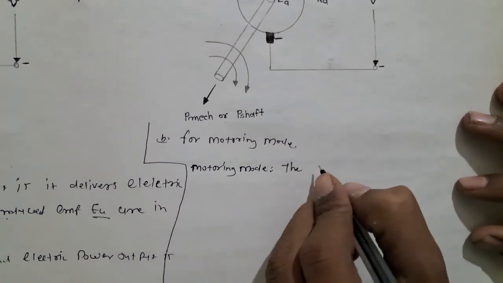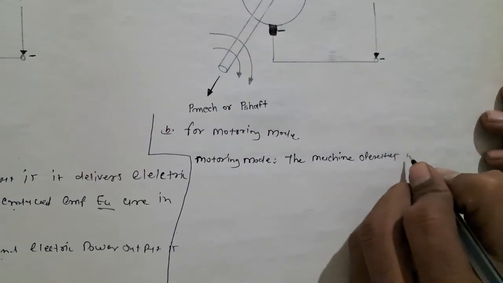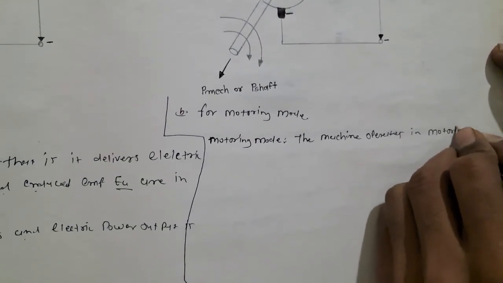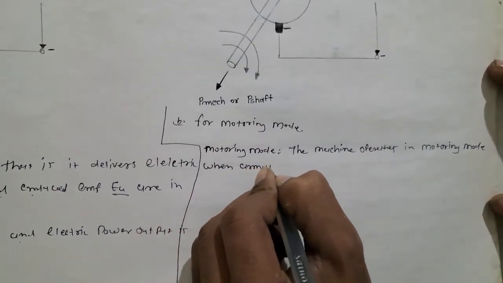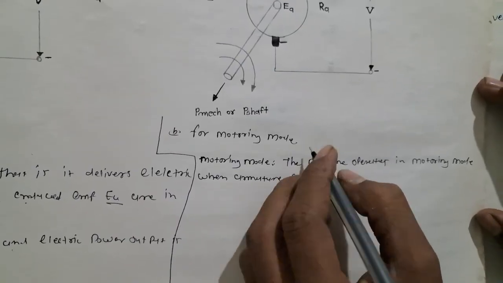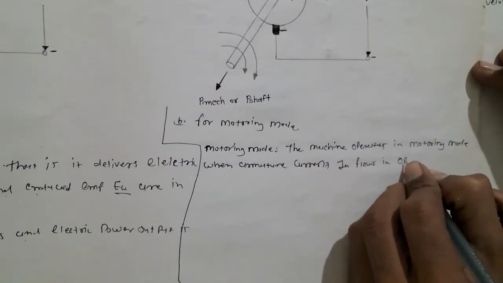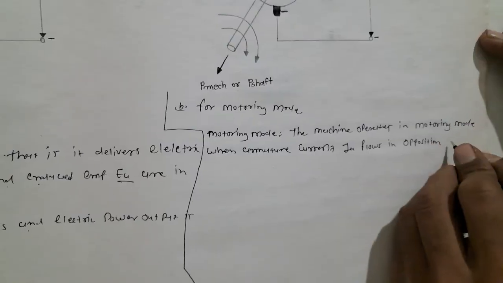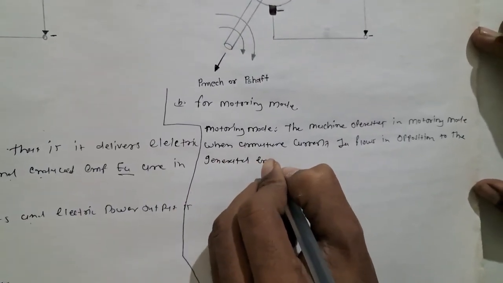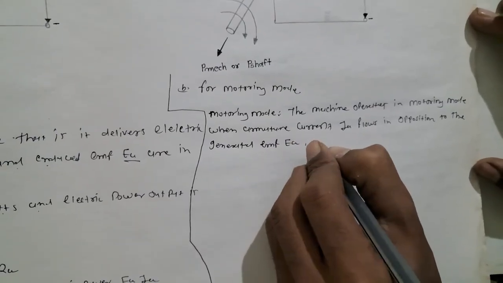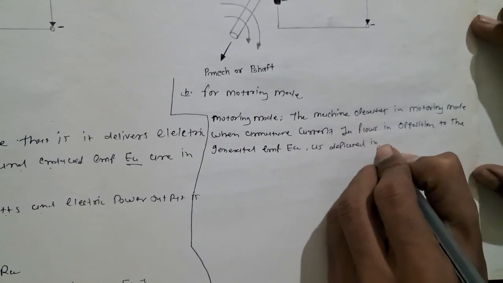The machine operates in motoring mode when armature current IA flows in opposition to the generated EMF EA as depicted in the figure.